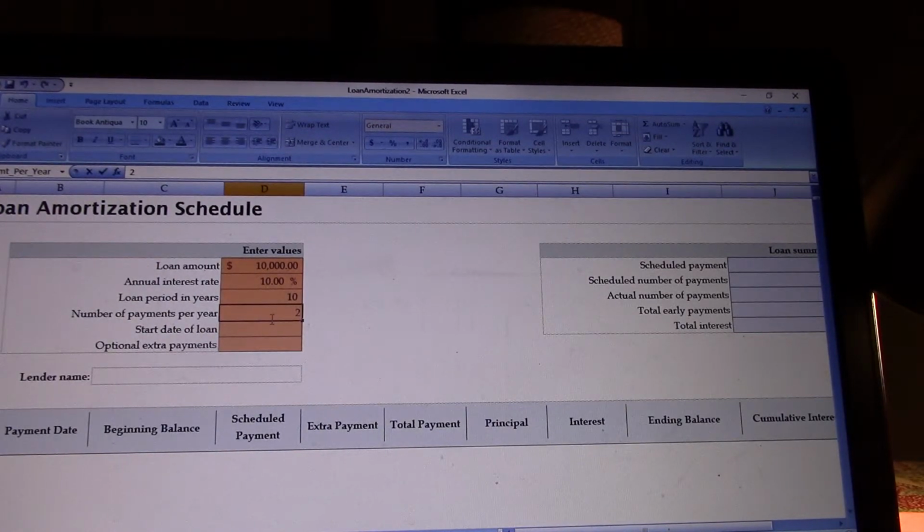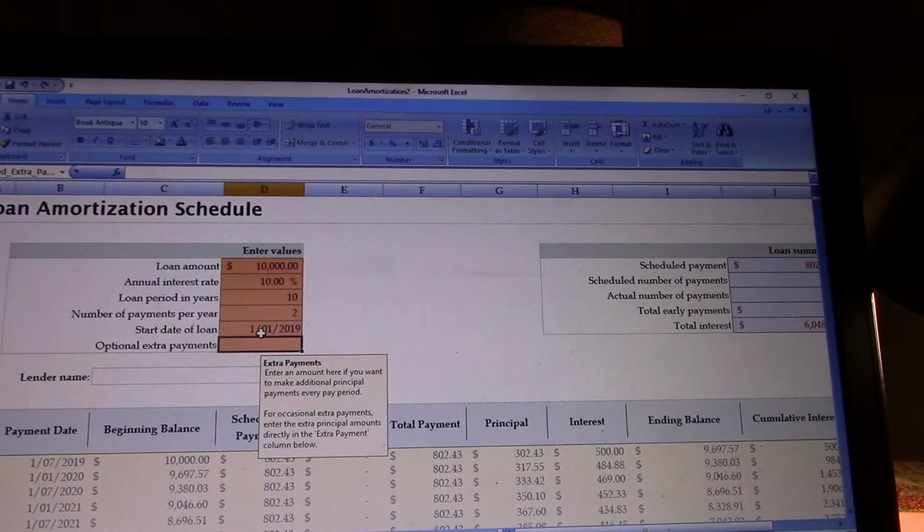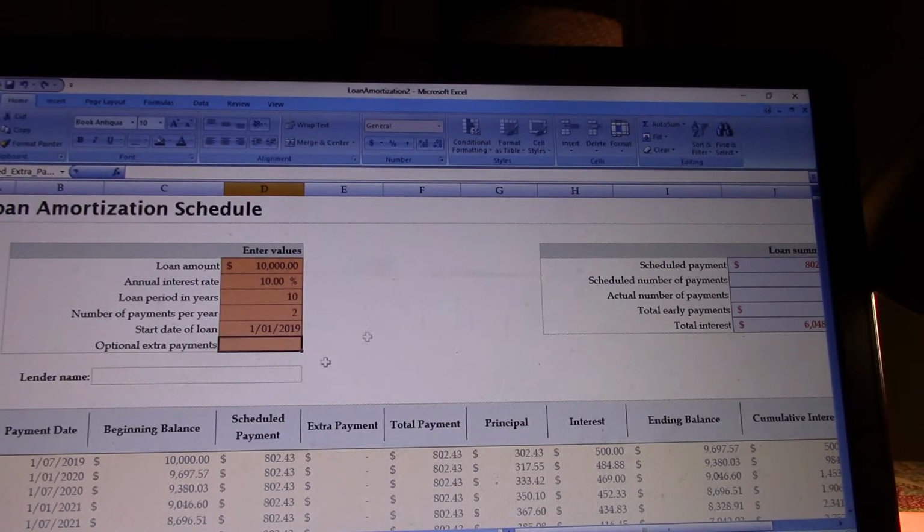If it's monthly payment you should put 12 here, but this is semi-annual payment, so you put 2. Start date of the loan, we can just put 1/1/2019, it doesn't matter. I think the question says December 31st, 2018, for example. But anyhow, no extra payment, just regular payments.